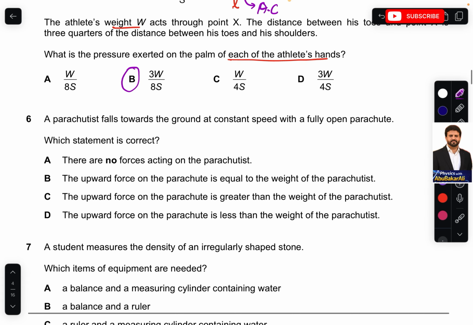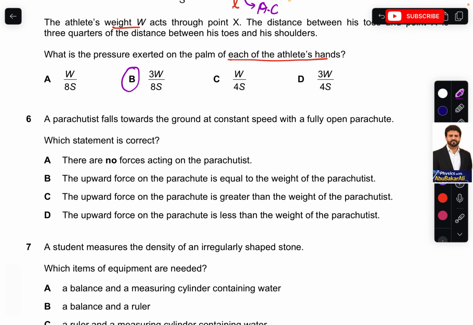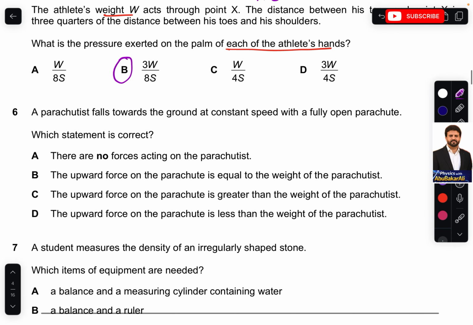Question 6. A parachutist falls towards the ground at a constant speed with a fully open parachute. This statement is correct. It's moving with a constant speed, which shows the terminal velocity concept.